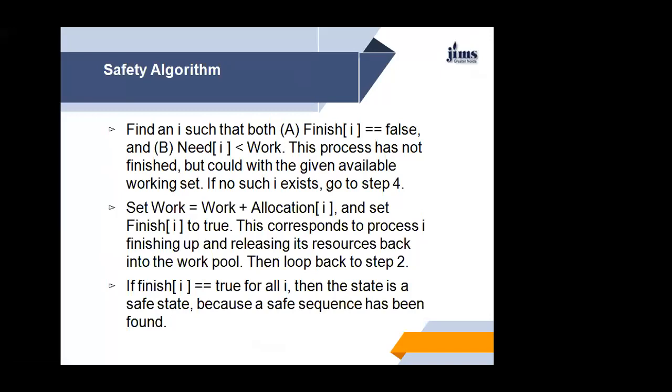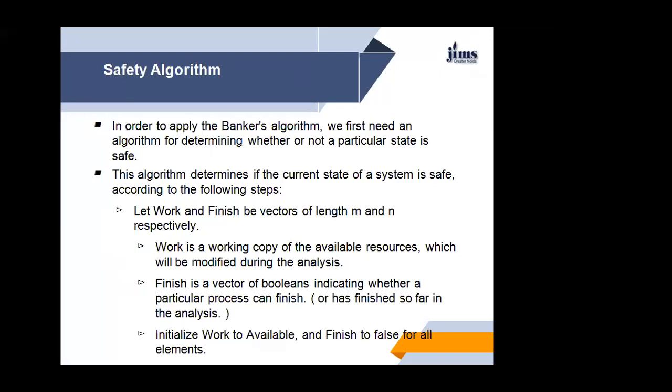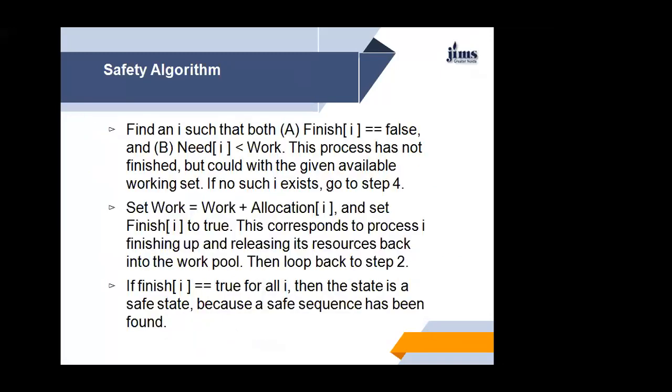So these are the four steps. Let me once again describe them. First, initialize Work equals Available and Finish[i] equals false. In the second step, find i such that Finish[i] equals false and Need is less than or equal to Work.